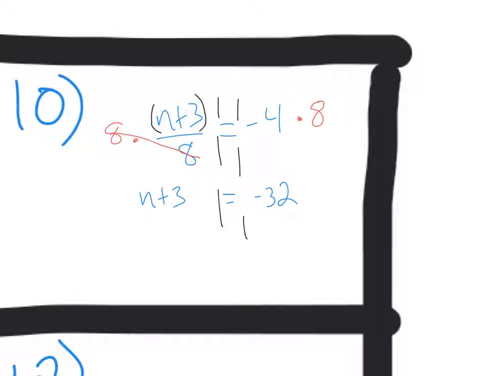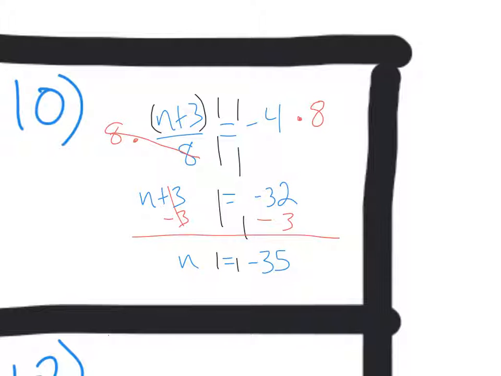All right. Last step, n is almost happy. He's almost by himself, isolated on one side. But before he is isolated, I need to take care of that positive 3. Subtract 3 from that side, subtract 3 from this side, and n is equal to negative 35.